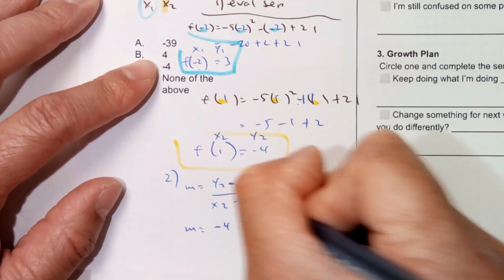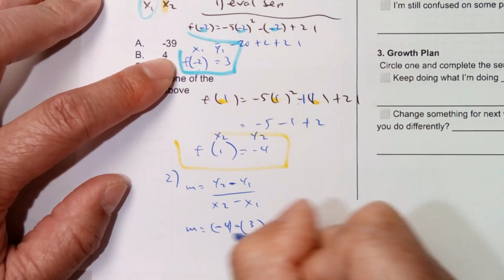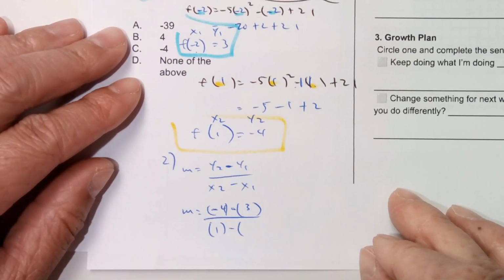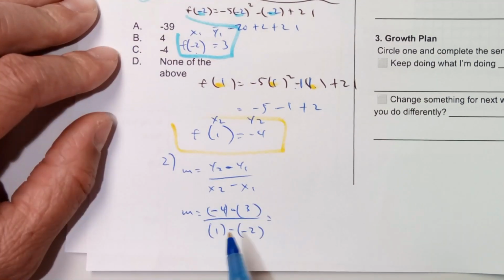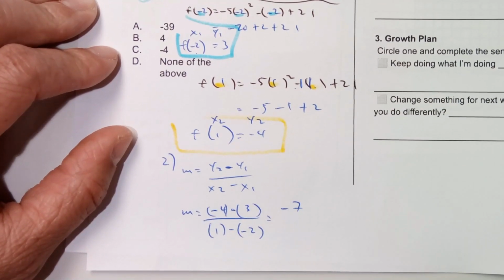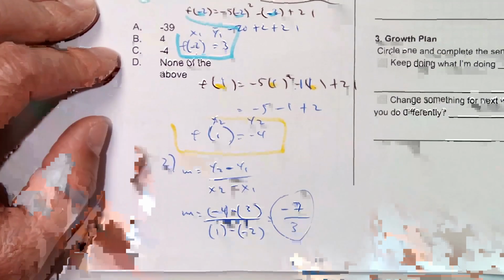Then my y1 value is 3. x2 value is 1, and then -2. So that'll become -7 over 3. So -7/3, that would be D, that would be above.